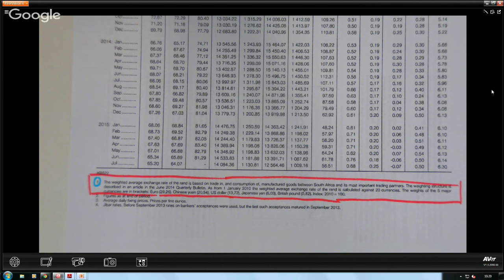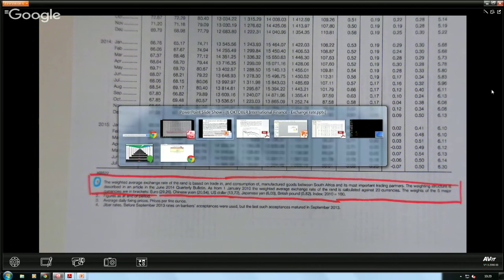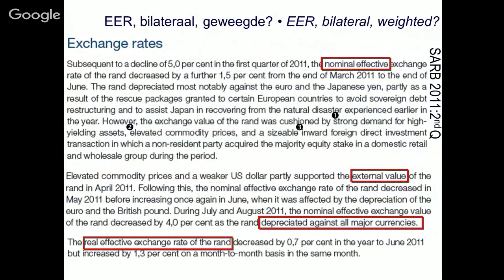So if we go back and see quickly 2009, I'll do this quickly now. Okay, so there's the nominal effective exchange rate in 2011 that has depreciated, and then they explain why. And these are the little numbers. So they say it depreciated, and then they say, however, the exchange value of the rand, and that is that effective exchange rate, was cushioned. That means what?